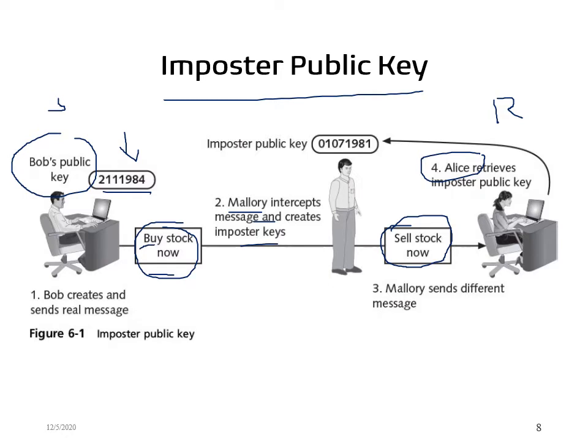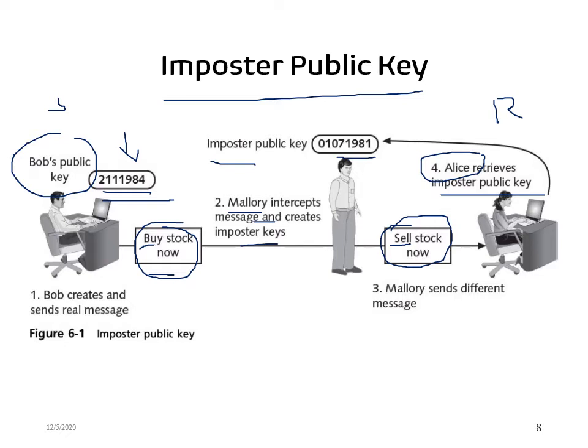Alice retrieves the imposter's public key, so he sends the message "sell stock now" with the imposed public key 01071981 instead of 2111984. 2111984 is the original public key of the sender, Bob.